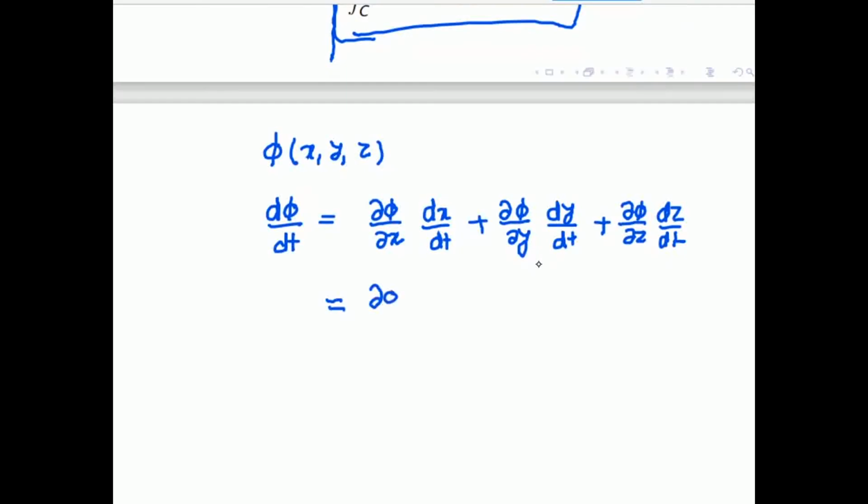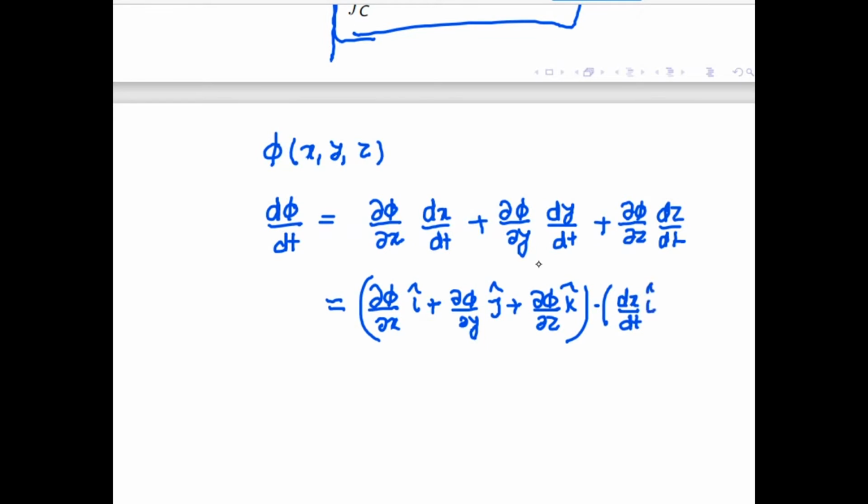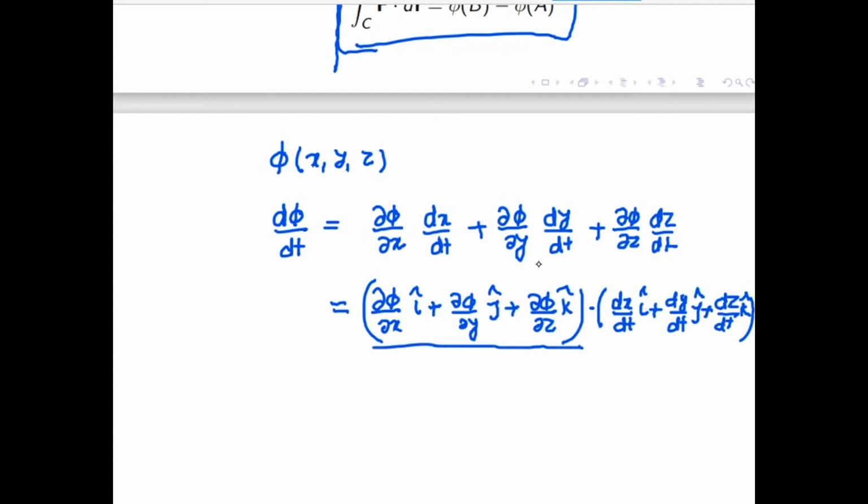And this thing we can write like this: del phi by del x i cap plus del phi by del y j cap plus del phi by del z k cap, this dot product with dx by dt i cap plus dy by dt j cap plus dz by dt k cap. Can anyone tell what is this and what is this?